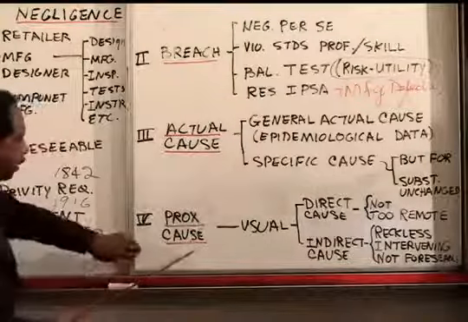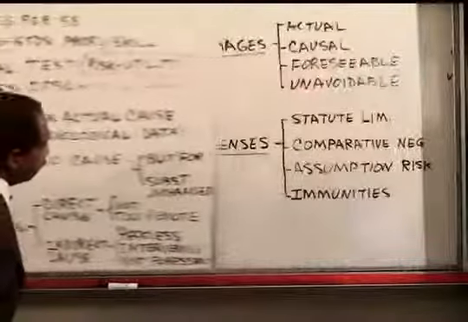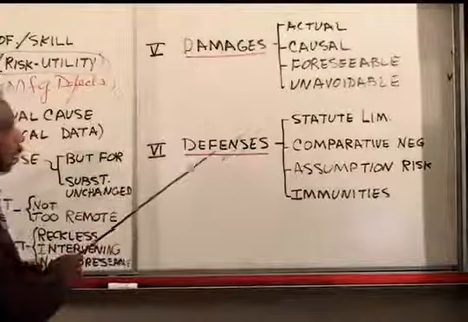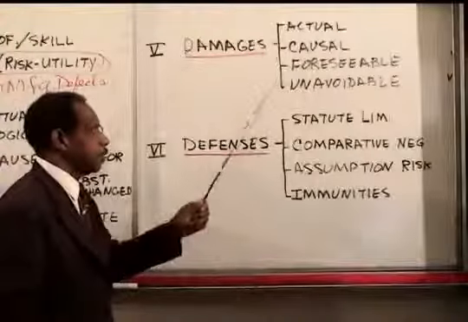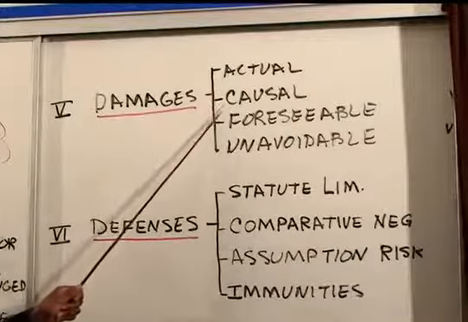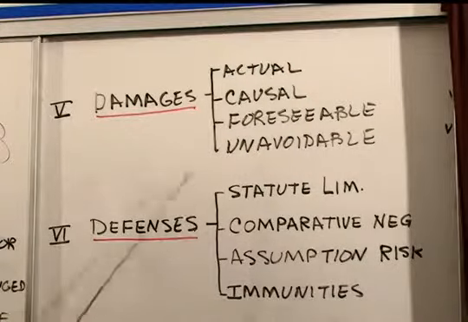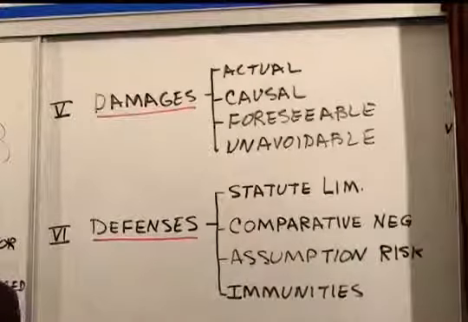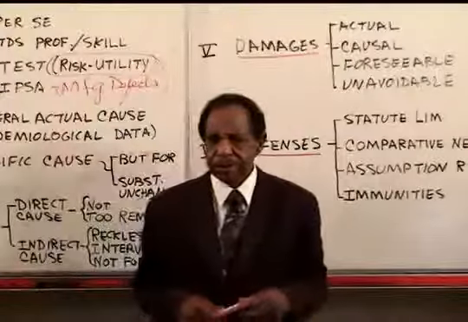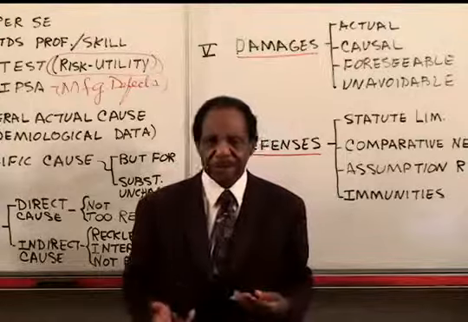Actual cause, proximate cause. This brings us to damages. As usual for negligence cases, the damages must be actual, causal, foreseeable, unavoidable. Nothing all that special about this. Please keep in mind that just as in regular negligence cases, you cannot recover pure economic loss.